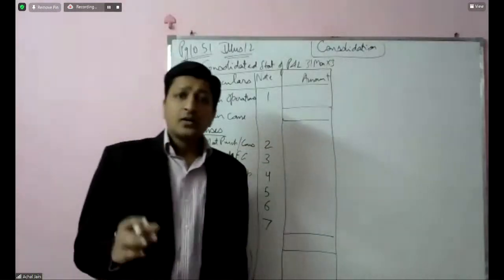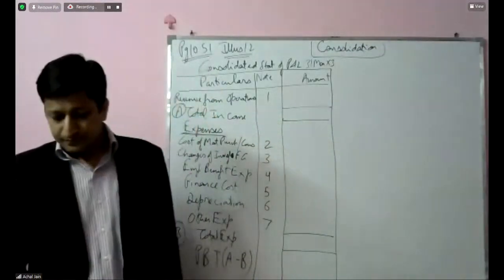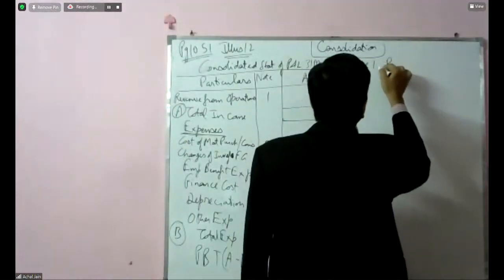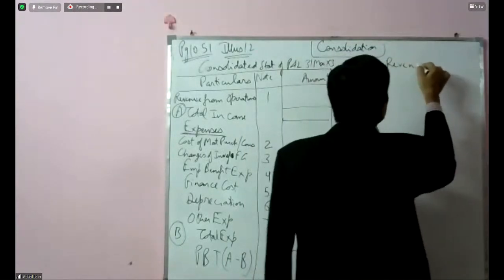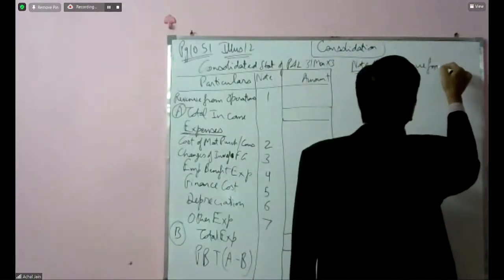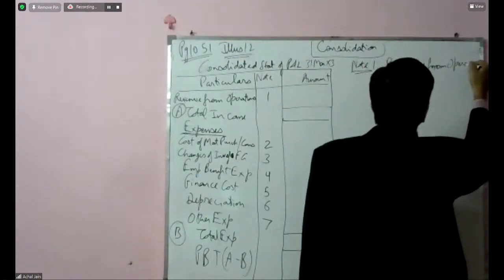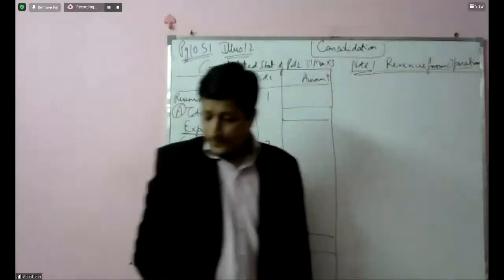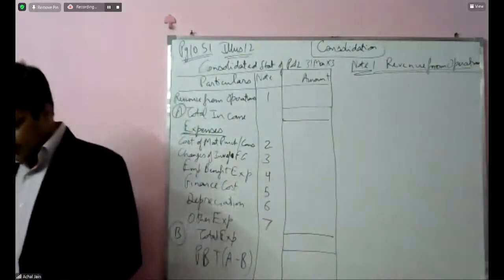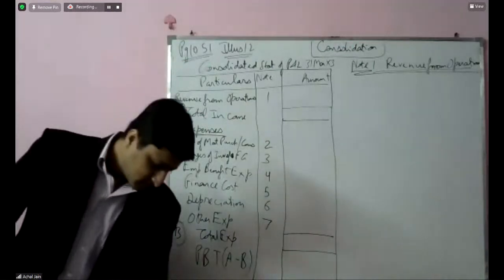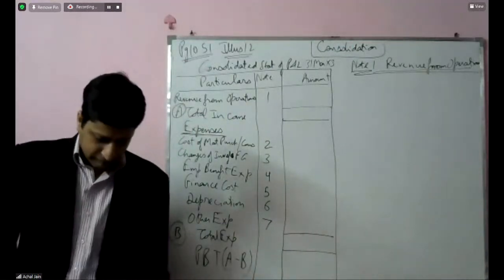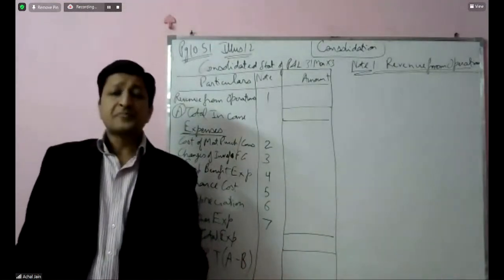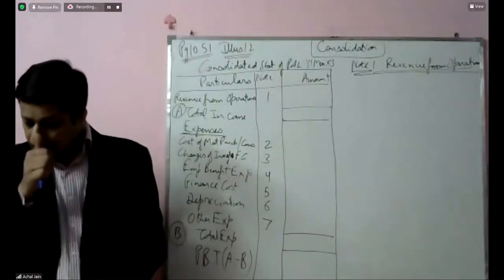So we'll move on to note number 1. Note 1. Revenue from operations. So now first of all we'll capture the information about two entities.